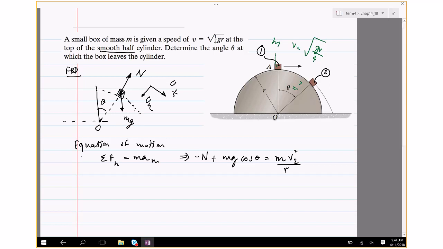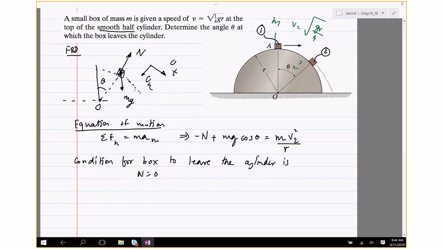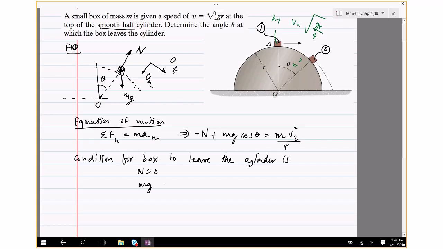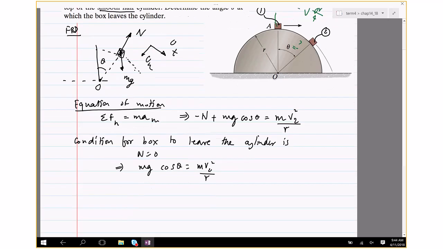So the condition for the box to leave the cylinder is the normal force goes to 0, which means mg cosine theta equals m v2 square divided by r.